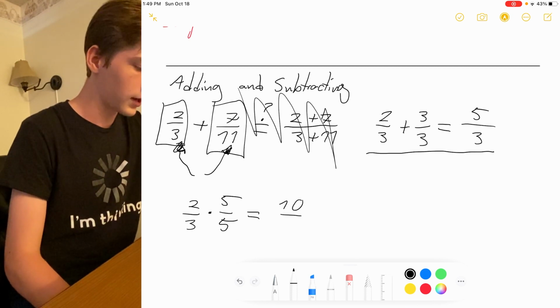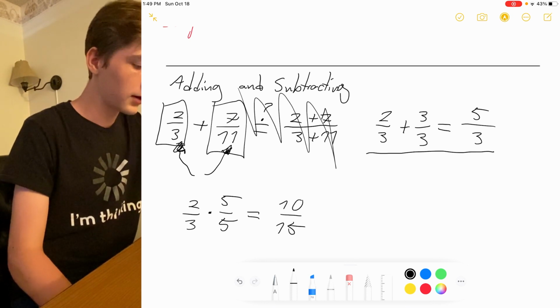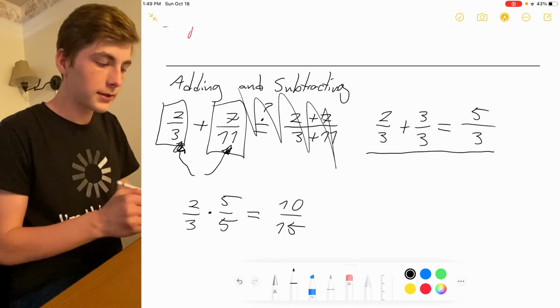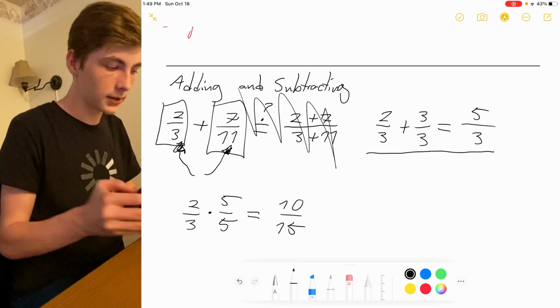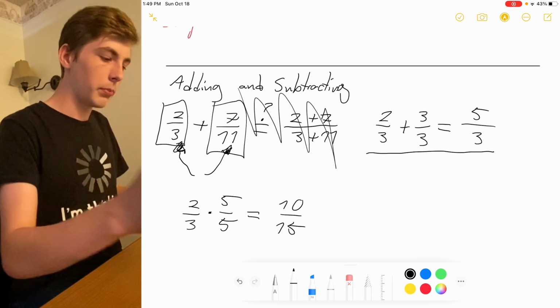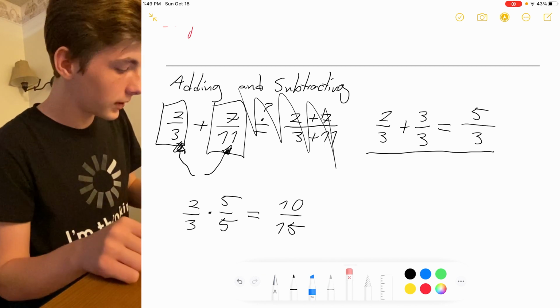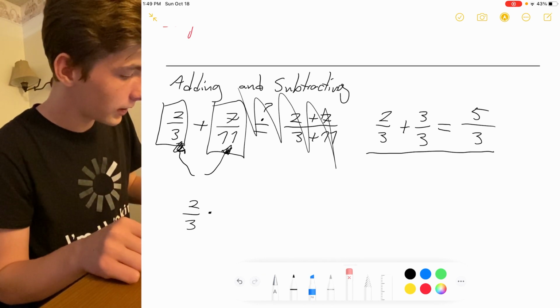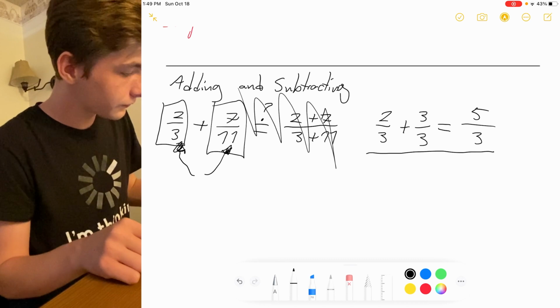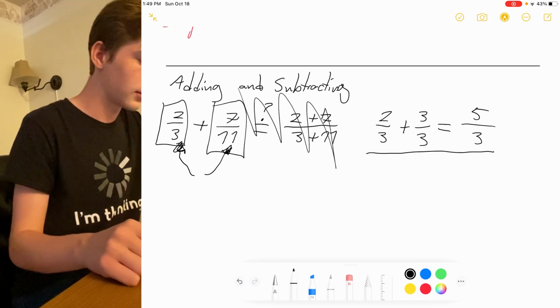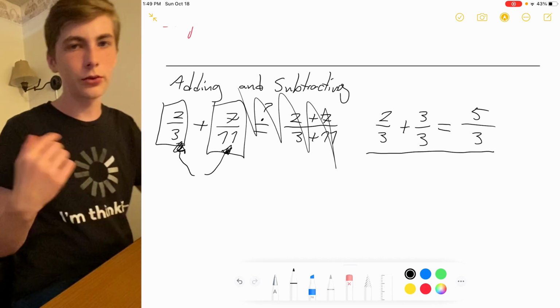And so we would get 10/15. 10/15 is equal to 2/3, but these numbers are different. And so we can use that to make these two numbers in the addition have the same denominator.